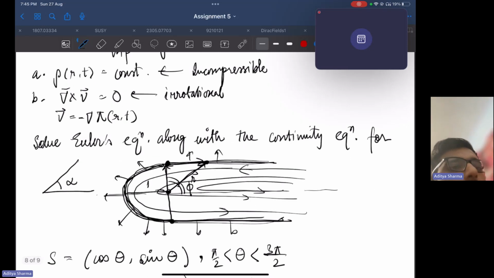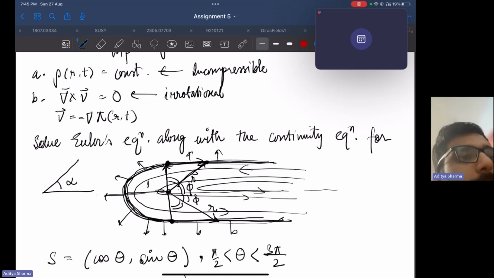And similarly, for this part, we are going to have this is phi again. So if this is r, this is the angle between those vectors.